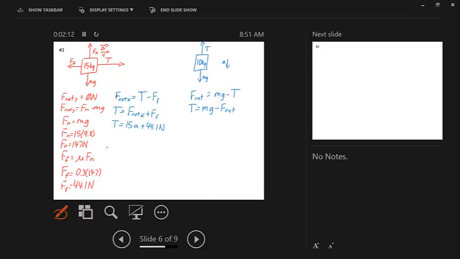Mass times gravity is 10 times 9.8, which is 98. So tension is going to be equal to 98 minus my mass, which is 10, times my acceleration. Now we have to set them equal to each other, which is easier.